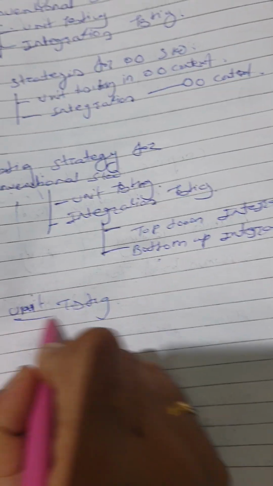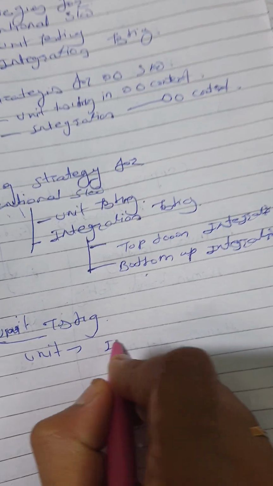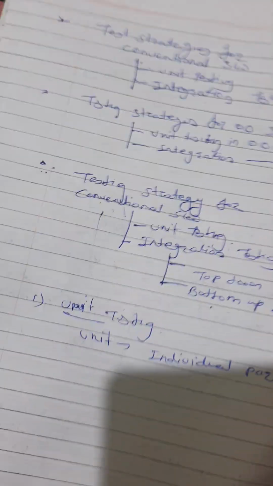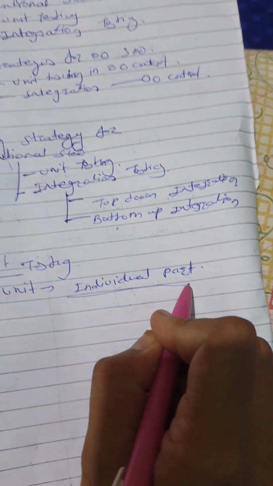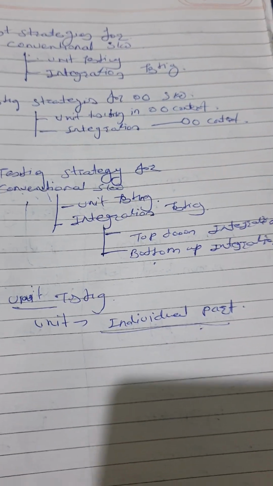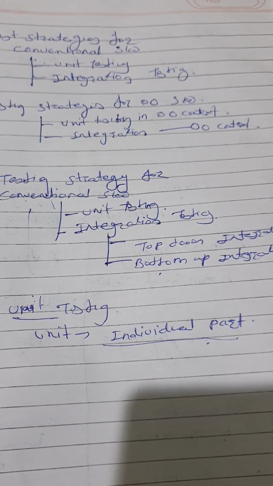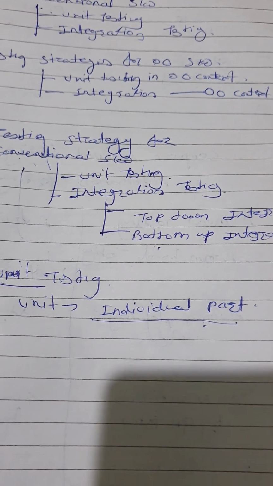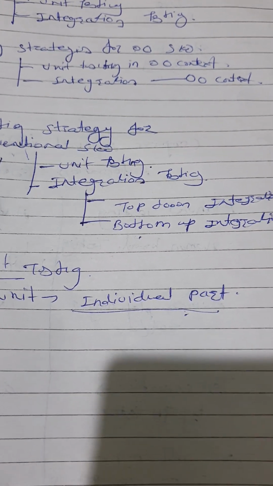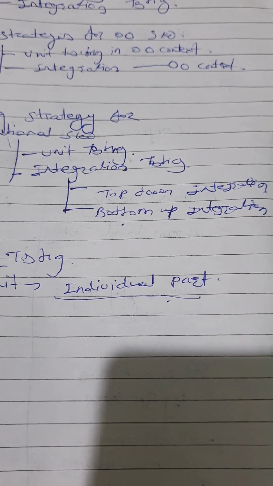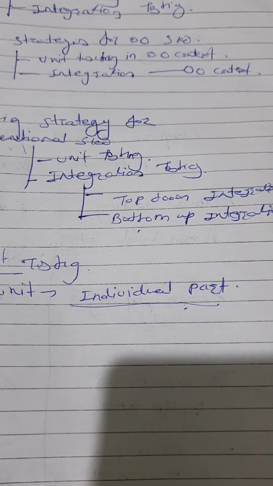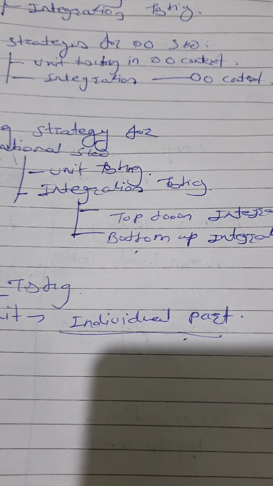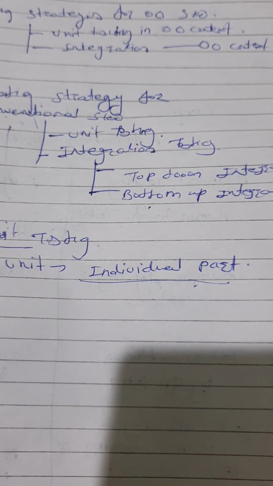A unit is nothing but an individual part. Unit means an individual part of any software. A unit is the smallest part, or a single part, of software. So what is unit testing? Unit testing is the process of checking the smallest part or small piece of code to ensure that individual parts of a program work properly on their own.